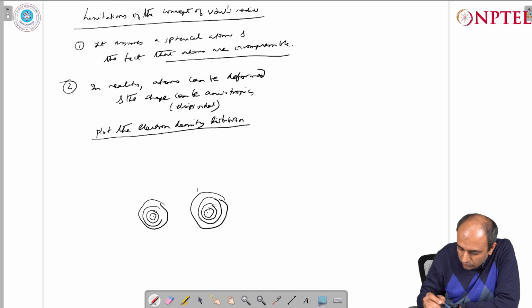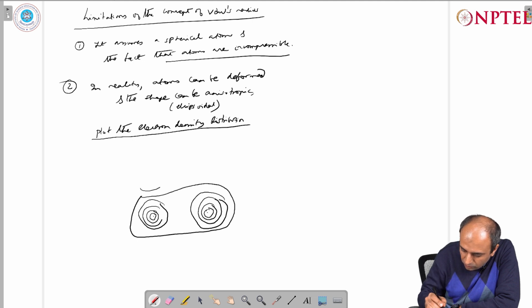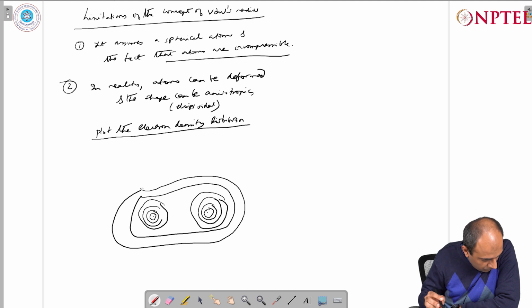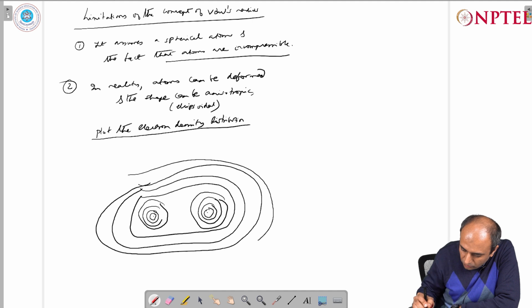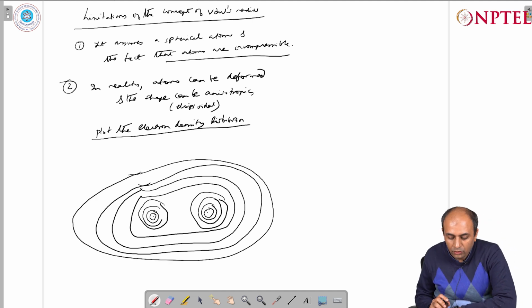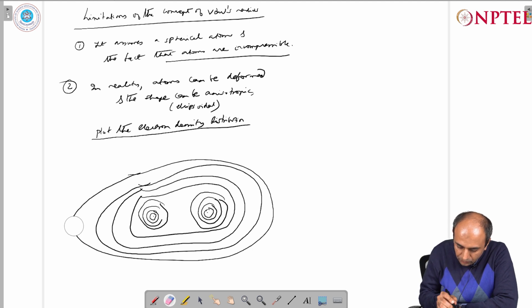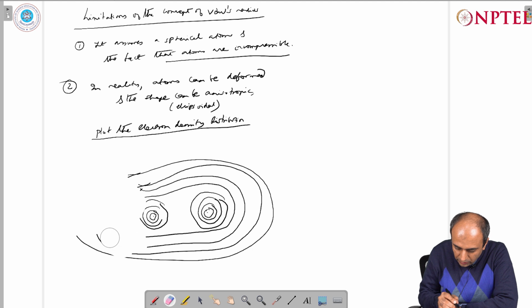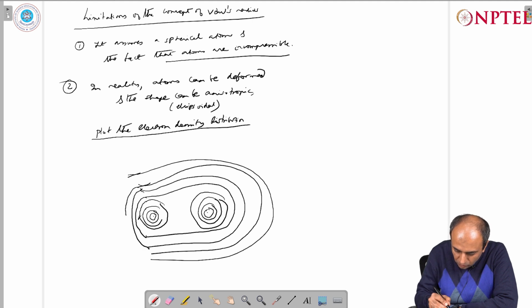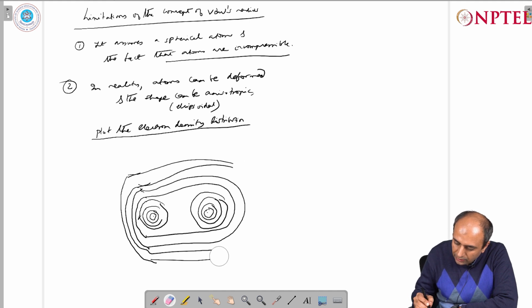we can plot the electron density contours. Okay, so you can see this is the electron density distribution, the contours.